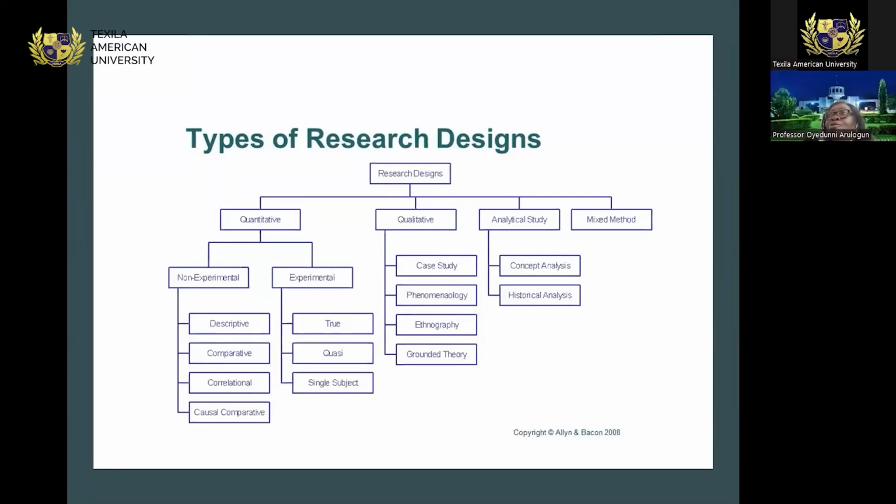And then the single subject experimental is where the same group serves as their own control. Now, if you are doing an all qualitative study, are you looking at ethnography, phenomenology, case study, grounded theory? If you are using analytical design, is it concept analysis or historical analysis? So these are the different types of research design available.